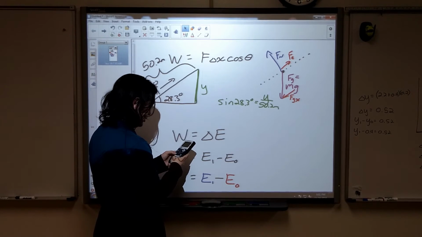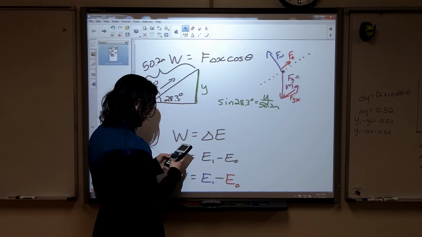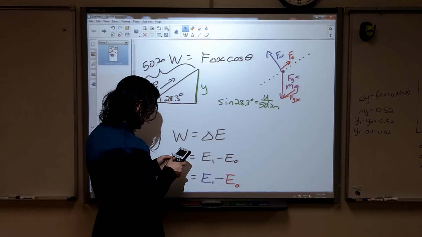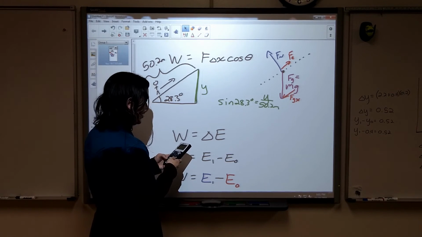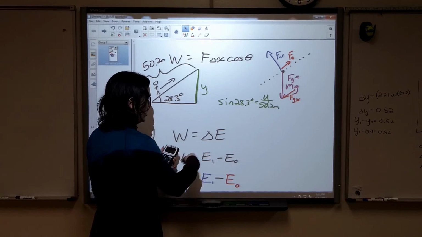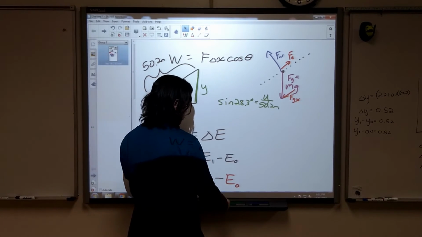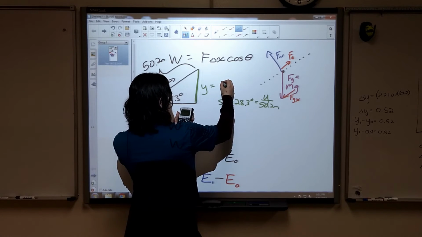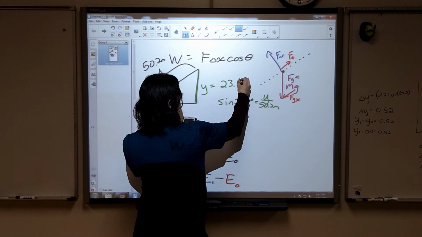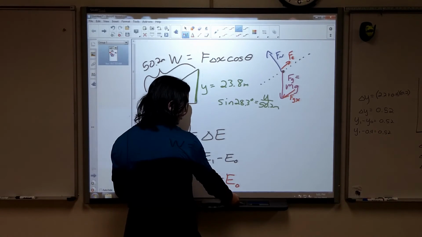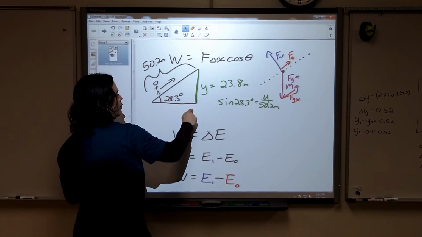So I'm going to do sine 28.3. Let me double check that mine is set to degrees. Nope, it's good. Okay, and then I'm going to do times 50.2. I would multiply both sides by 50.2, and I find that my y is equal to 23.8 meters for my problem. This is how high we're going.